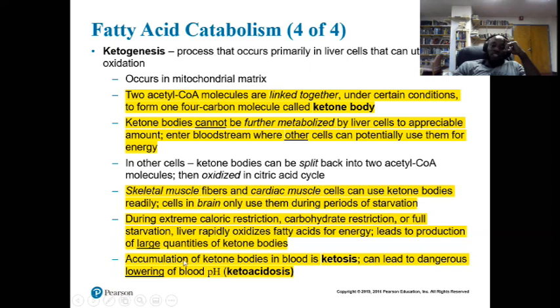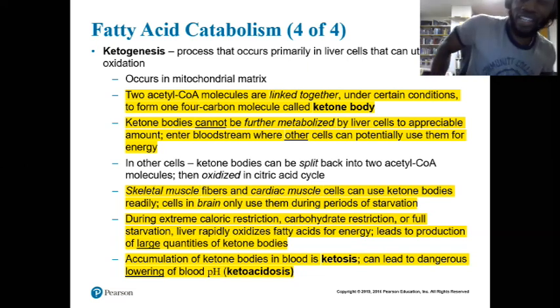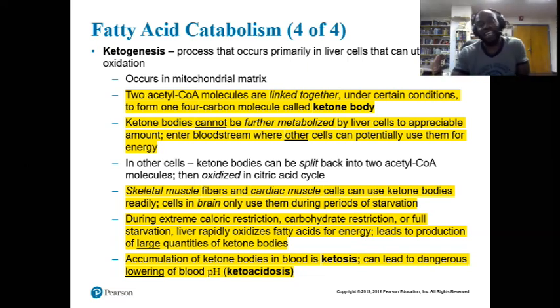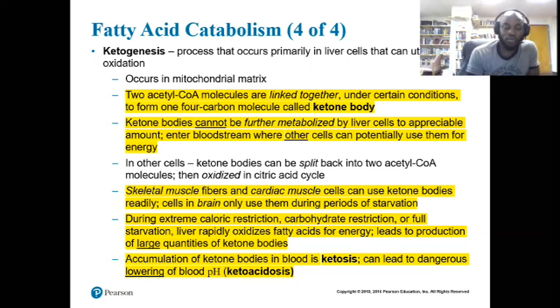Now, accumulation of ketone bodies in the blood, ketosis, can lead to a dangerous lowering of the blood pH. So you have to be careful. There's always a downside to these diets. Scientifically, keto diets work because they cause your body to burn more fat.